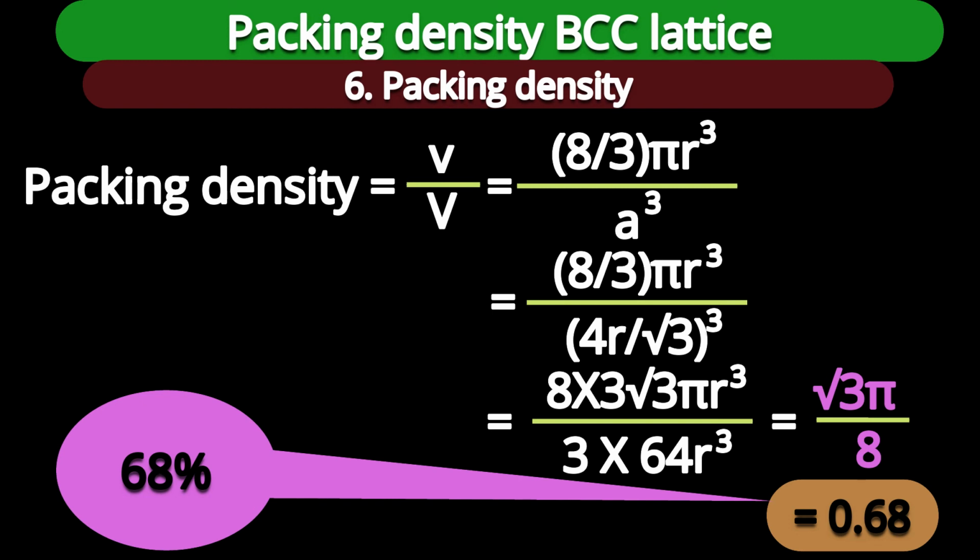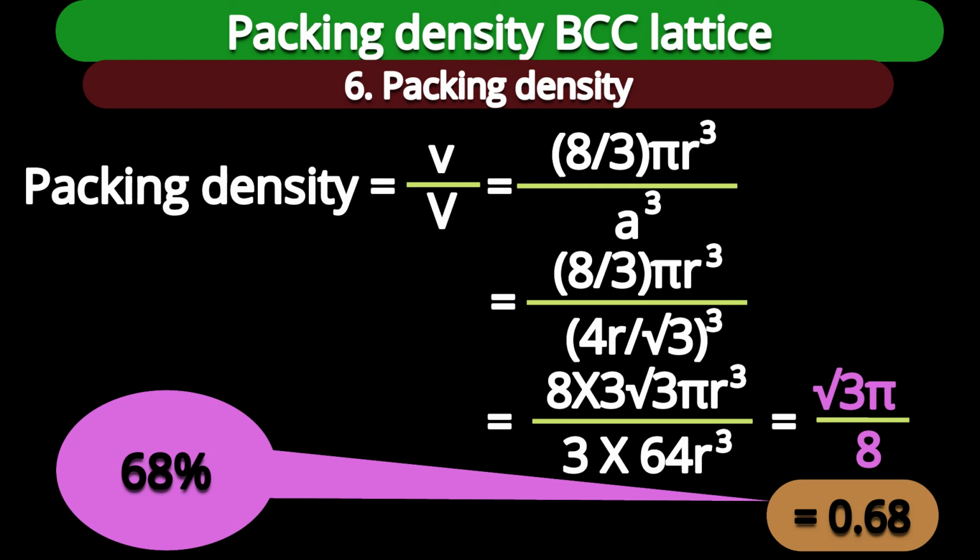And root 3 raised to 3 means root 3 into root 3 into root 3, meaning 3 root 3, which is represented in the denominator. 8 by 3 is there, 3 root 3 is there, and 64 is there. Remaining things are pi r cube, and below that r cube.